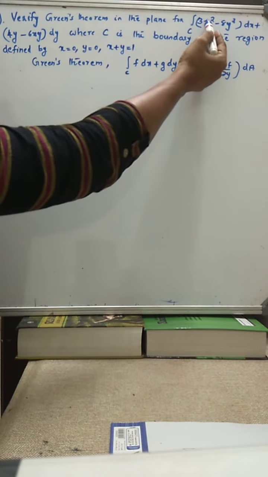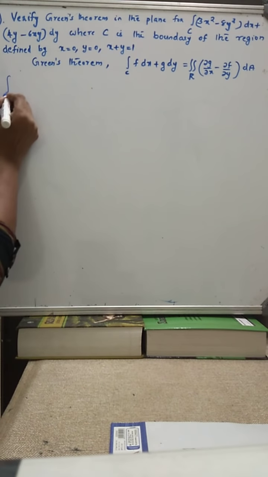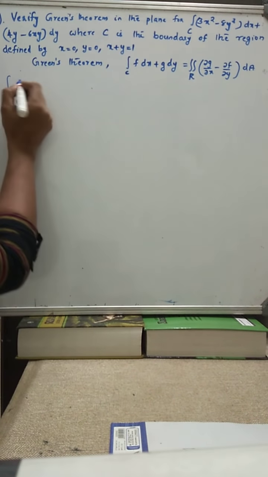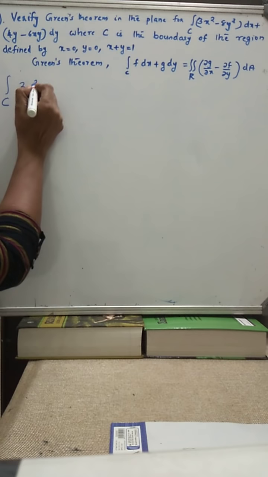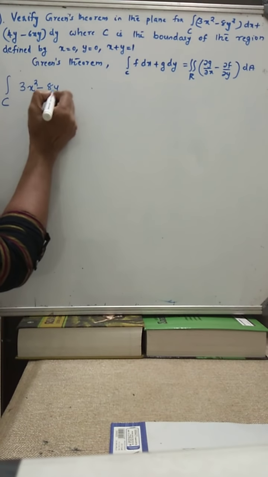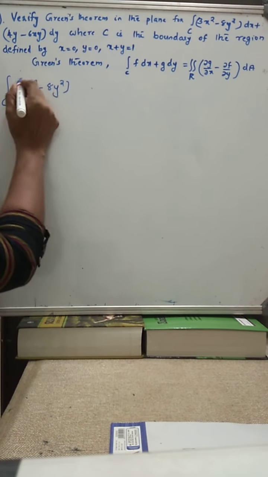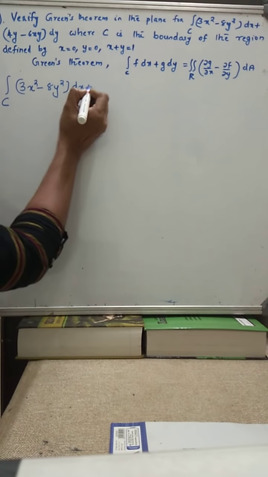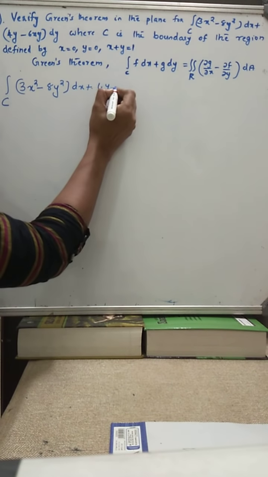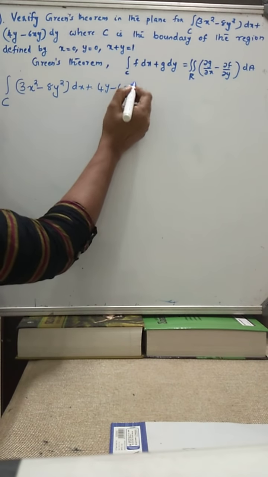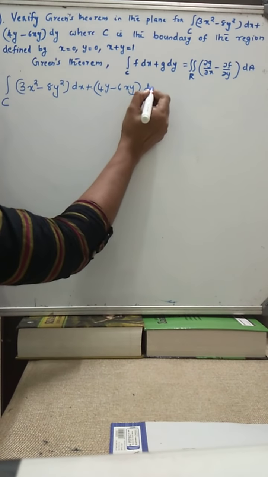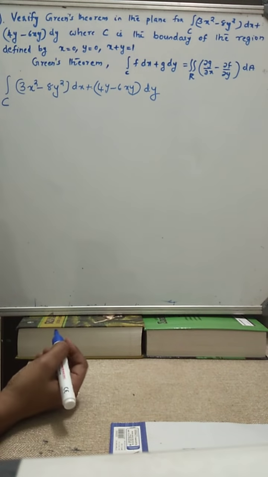Now the function given here is the integral over C of (3x² − 8y²) dx plus (4y − 6xy) dy.